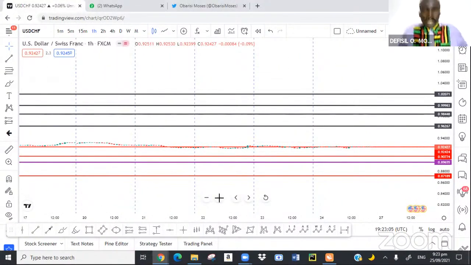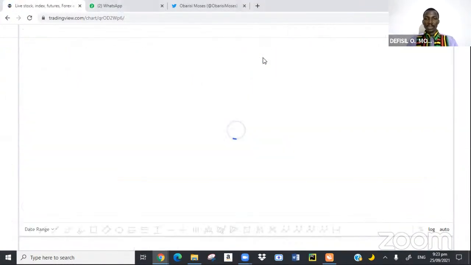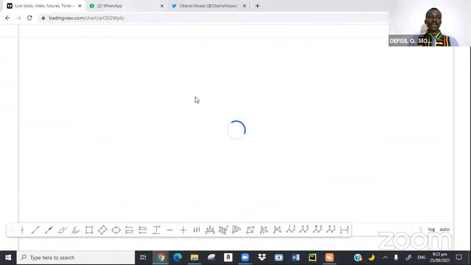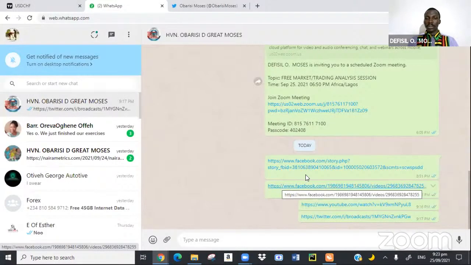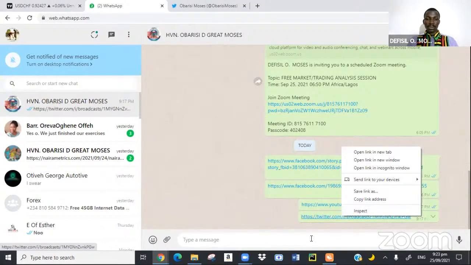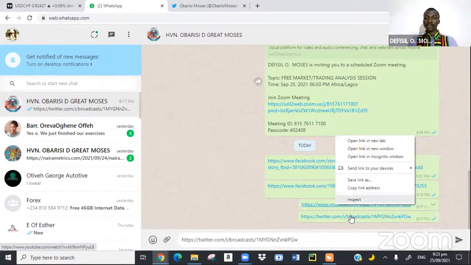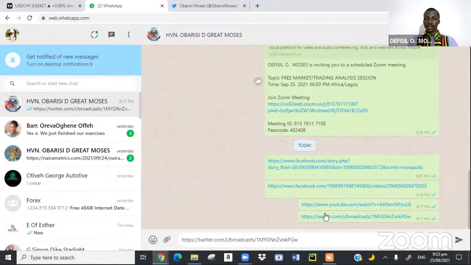On the 1 hour time frame, we are even seeing the market moving sideways.